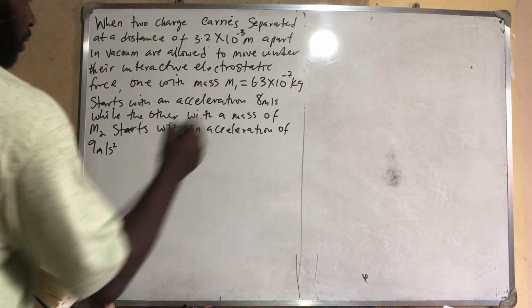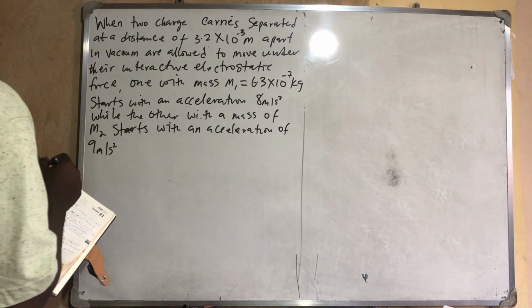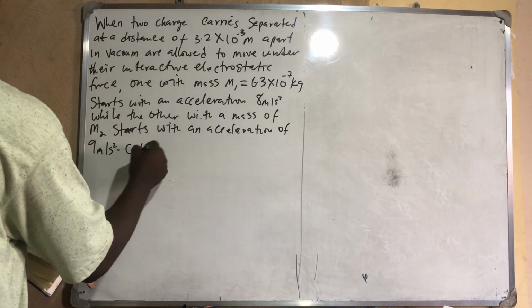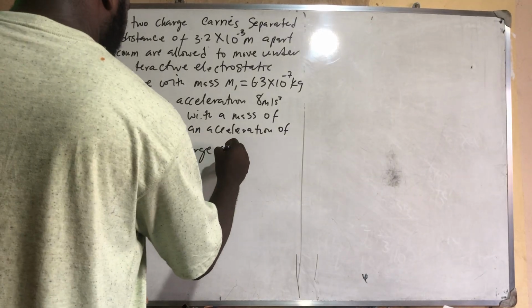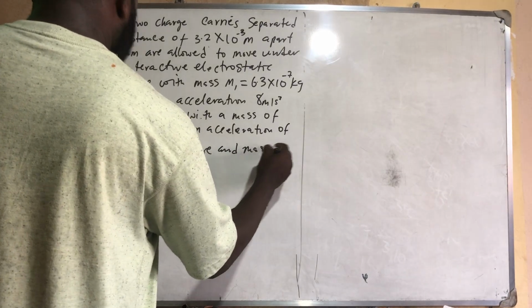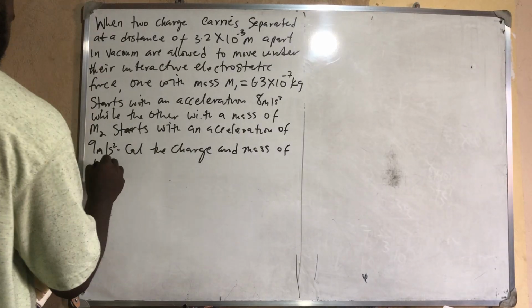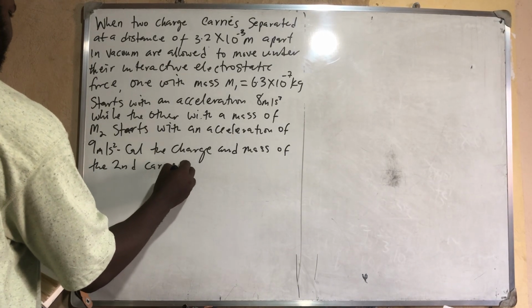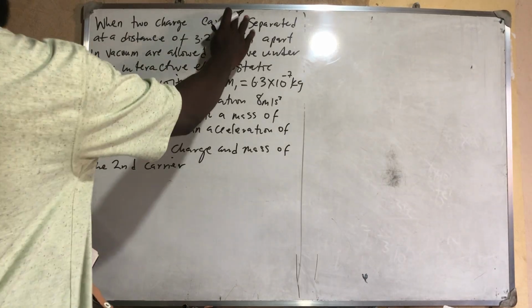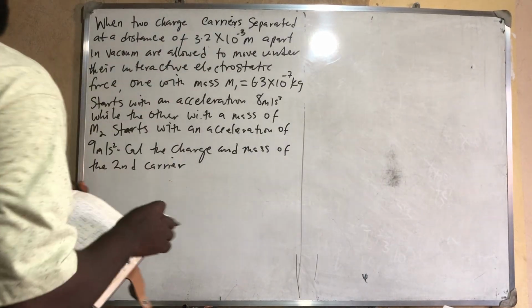Then I say calculate the charge and mass of the second carrier. Okay? These are the carriers. All right.